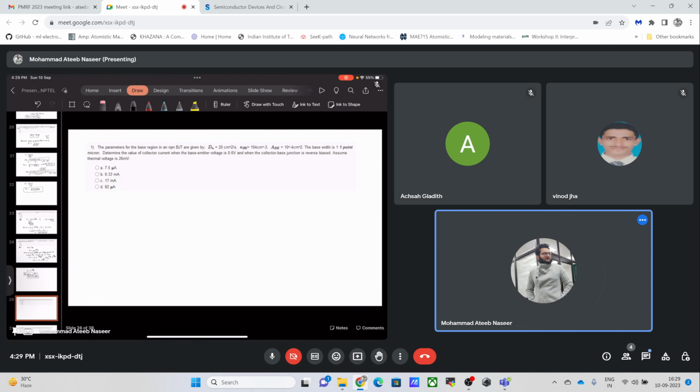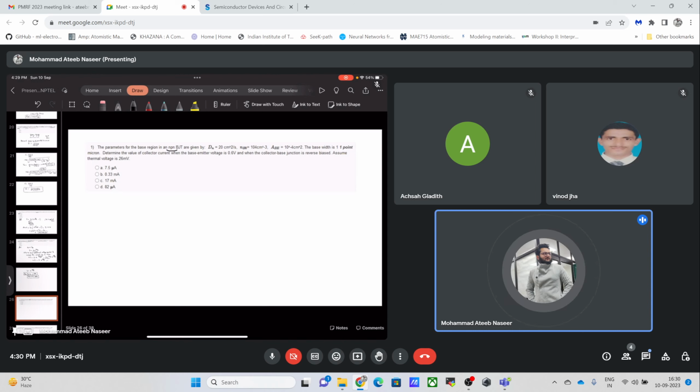So the parameters of the base region are given to us: Dn equal to 20 centimeter square per second, which is the diffusion constant of the electrons in the base. This means the base will have electrons as the minority carriers, since this is an NPN BJT.